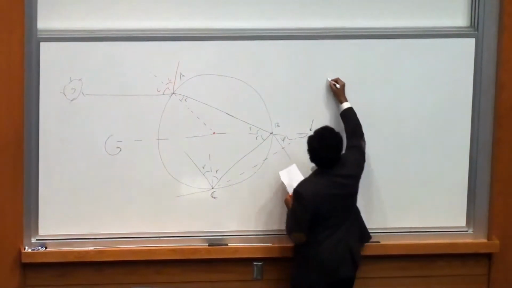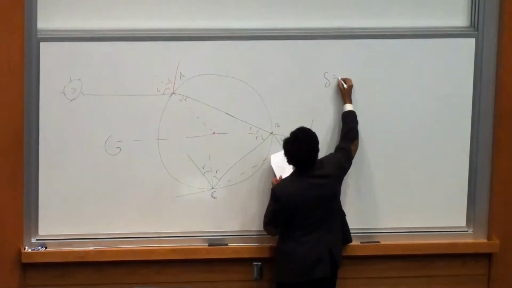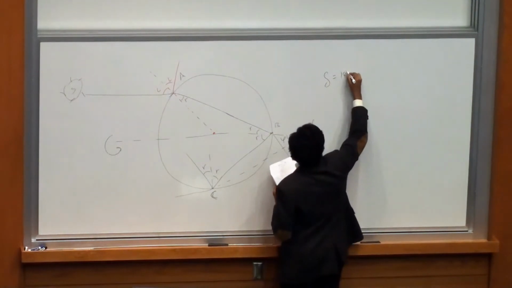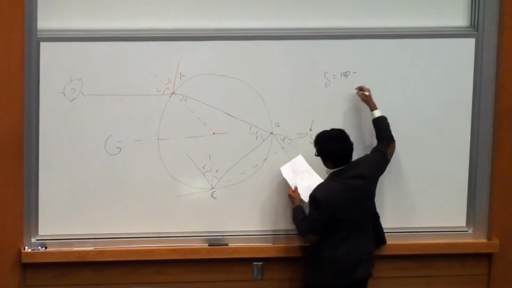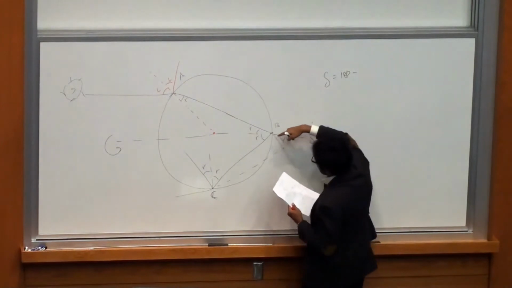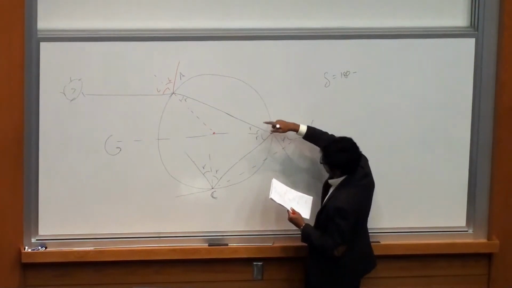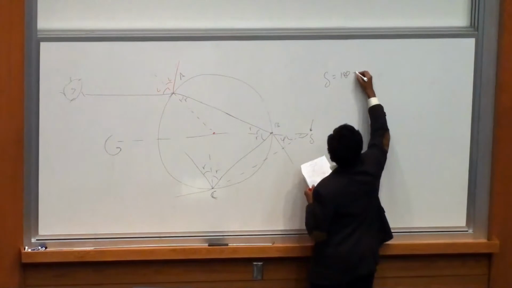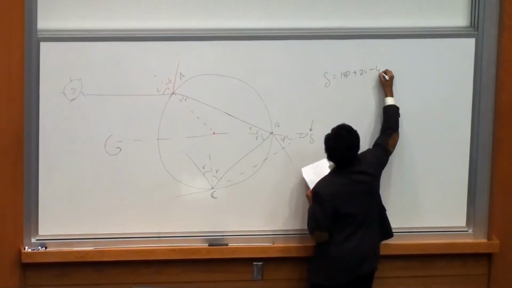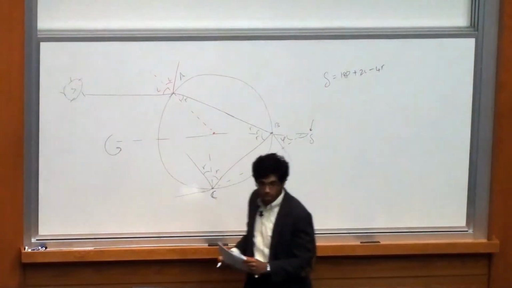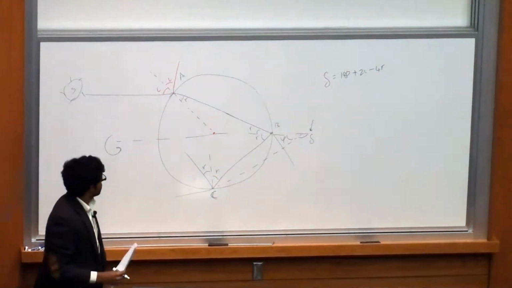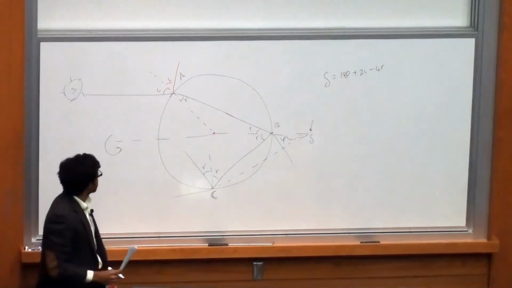Angle delta can be given by, I have 180 here, so 180 minus this, for this phi I have to have the 4r and 2i, so plus 2i minus 4r. And you guys can go home and check and make sure that's correct.